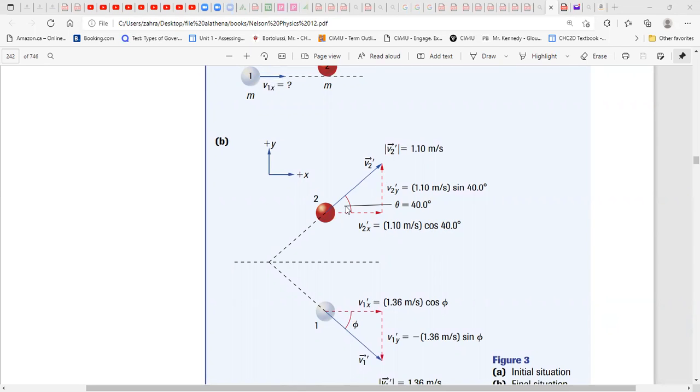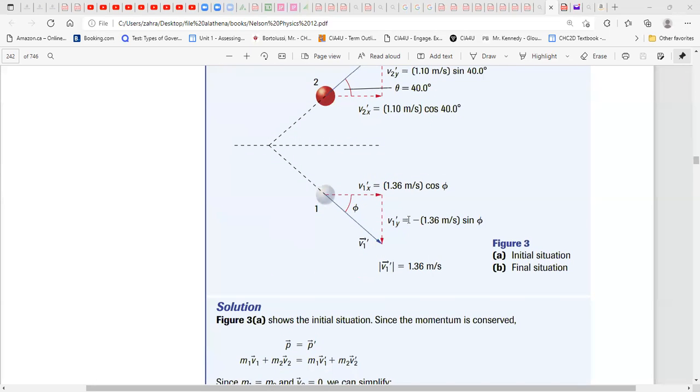For the y component, opposite is sine, so 1.1 sine of 40. We do the same thing for the x and y components of this one. We do not have the angle, so we just call it phi. Opposite will be sine, and adjacent, which is the x component, is going to be cosine. Make sure your y component is negative because it's down.